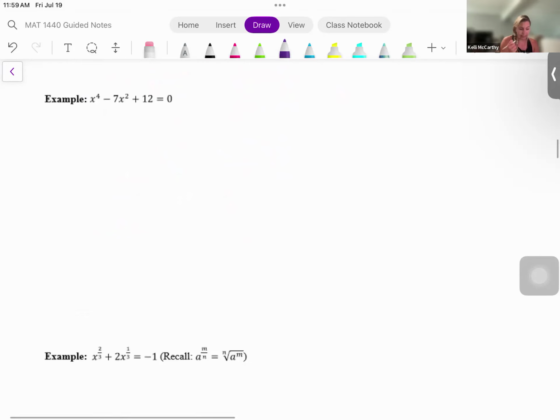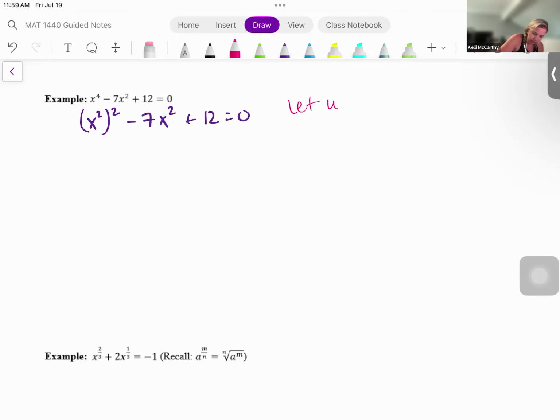Our next example is x to the fourth minus 7x squared plus 12. It's important to remember that x to the fourth is x squared, squared, so we have x squared, squared minus 7x squared plus 12 equals 0. So we're going to let U equal the quantity x squared.